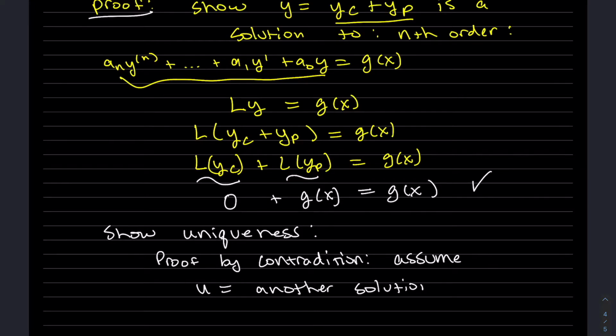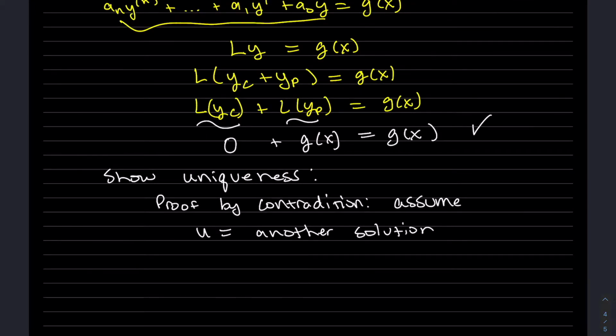That's what we're trying to say, that it's unique. Using operators, that means you plug it in and you get the function g of x because it's a solution. Our particular solution does the same, you plug it in and get a true statement.